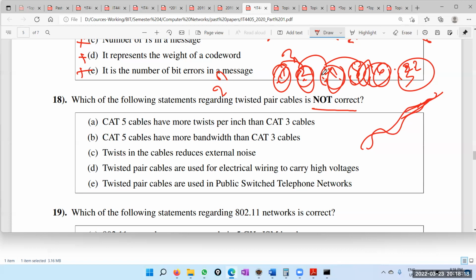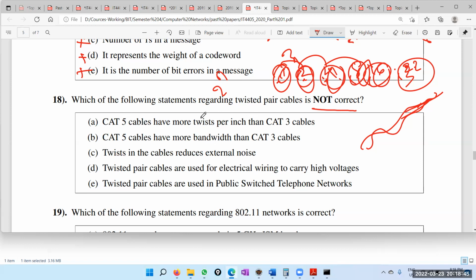And also we have category 3, category 4, category 5, 5E. Higher the category number, higher the quality. So usually for high speed, gigabit Ethernet, etc., we go for higher categories. And when you go up the higher categories, you are moving from unshielded twisted pair UTP to shielded twisted pair STP. Okay. Right. So let's read the answers.